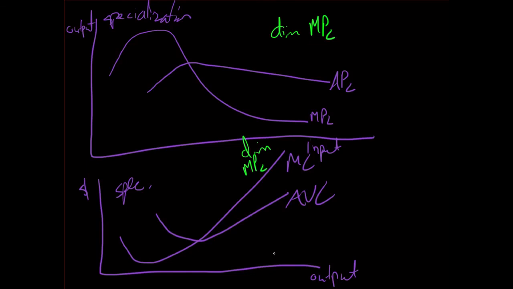Okay. So we have these two situations. It's really important just to note that as my productivity is increasing for these individuals, it's in my specialization phase, and when it starts falling down, it's this idea that we have diminishing marginal product of labor.